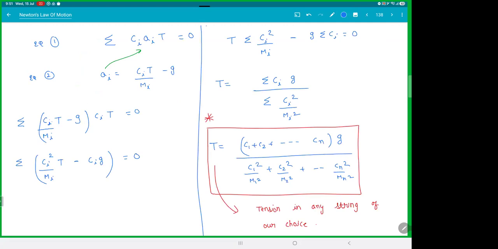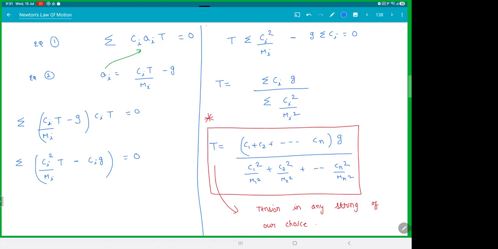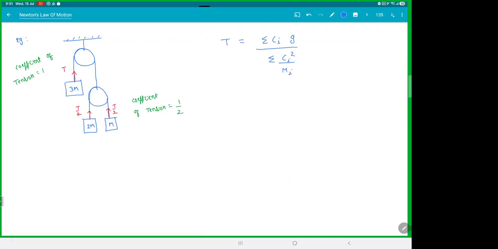Tension is sigma Ci, so coefficient of all, into G by sigma Ci square by Mi. This is not square, this is just M, sorry. Perfect, apply the formula. So what is the coefficient for this? 1. What is the coefficient for this? Half. Coefficient for this? Half.